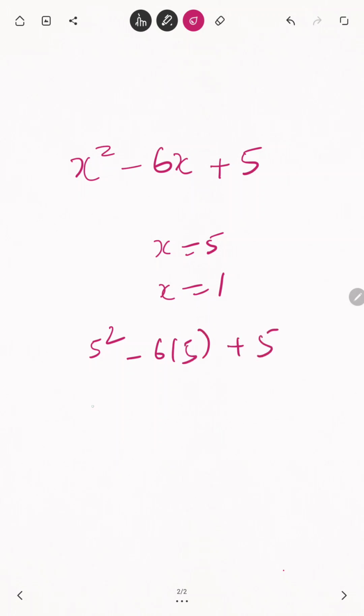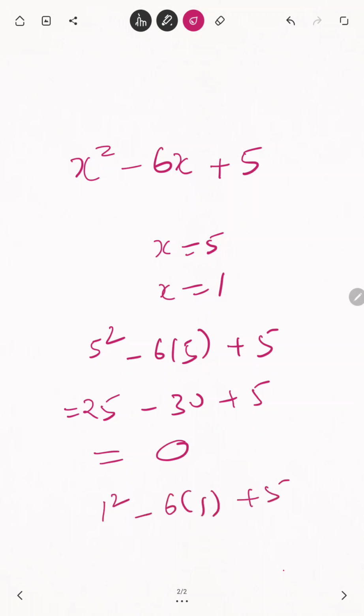Simplify this: 25 minus 30 plus 5 becomes 0. Again substitute 1: 1 square minus 6 into 1 plus 5 equals 0. Again 6 minus 6 is 0. There are two roots, one is 5 and one is 1, and you are getting the polynomial value as 0.